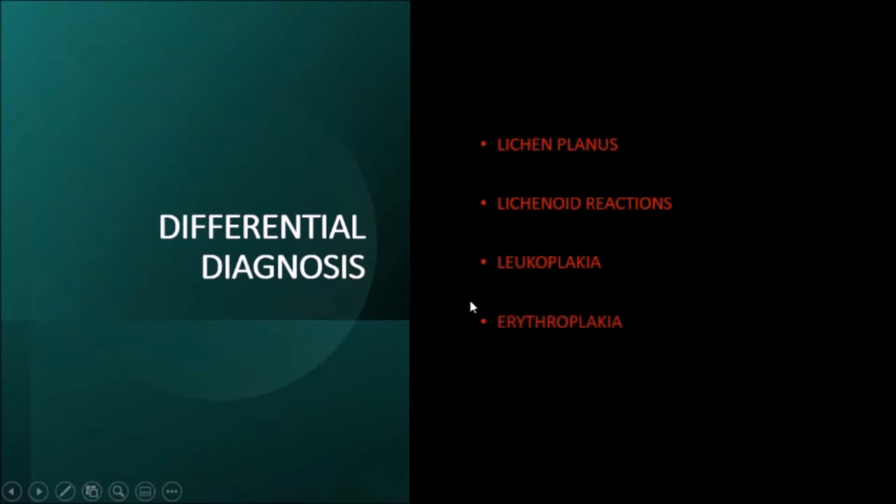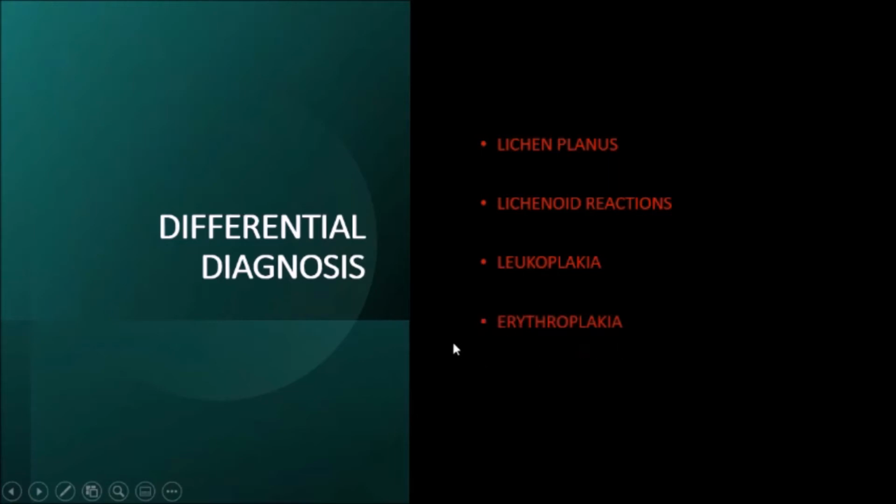Now, last but not the least, a few differential diagnoses to be kept in mind for lupus. Firstly, it's lichen planus, obviously. If you recall the clinical presentation of lichen planus, it somewhat resembles the clinical presentation of lupus, hence lichen planus, white striations, so leukoplakia as well, lichenoid reactions as well, and the combination of white and red areas because of that.